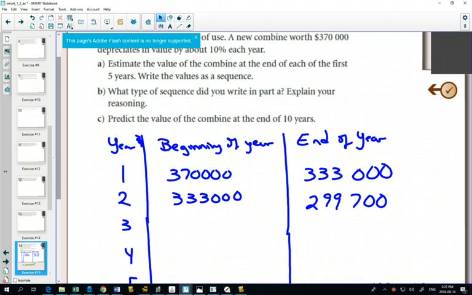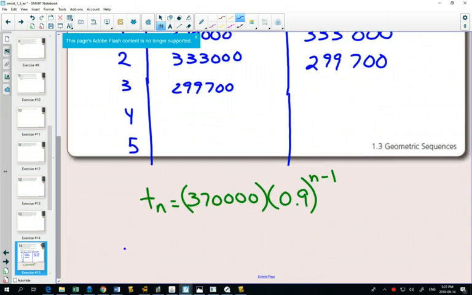That term 2, which we have here, was actually the end of year 1. Term 3, which would be right here, 299,700, is actually the end of year 2. So if we wanted to find the end of year 10, we would be finding term 11.